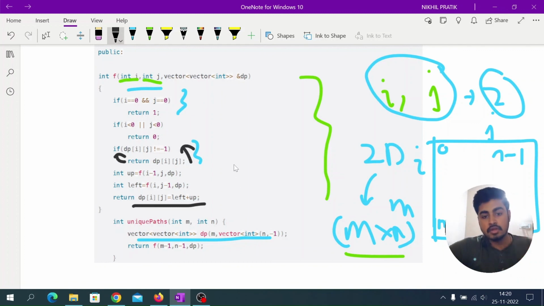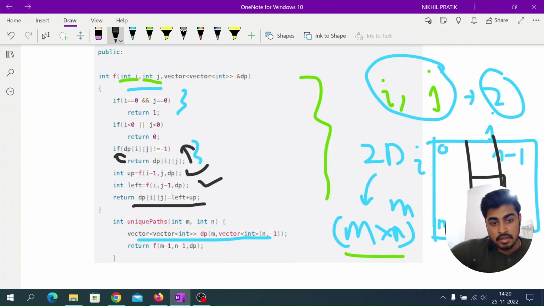So we recursively call for its subproblem, and once we get the value, that is up and left, we store that value in that cell itself, so that next time we have a call for that particular cell, we don't have to call its subproblem again and again. We can just directly return from that cell.